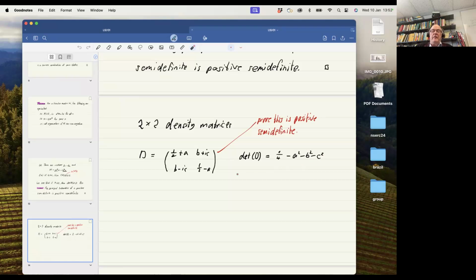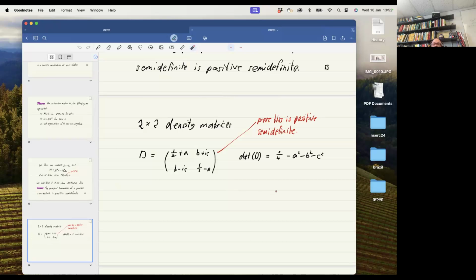So the matrices D of this form that have non-negative determinant correspond to the points A, B, C inside the sphere of radius 1/2. Okay, and you can prove conversely that any matrix of this form is positive semi-definite. One way to do it is to work out the eigenvalues, and so you have this characterization of the 2 by 2 density matrices.